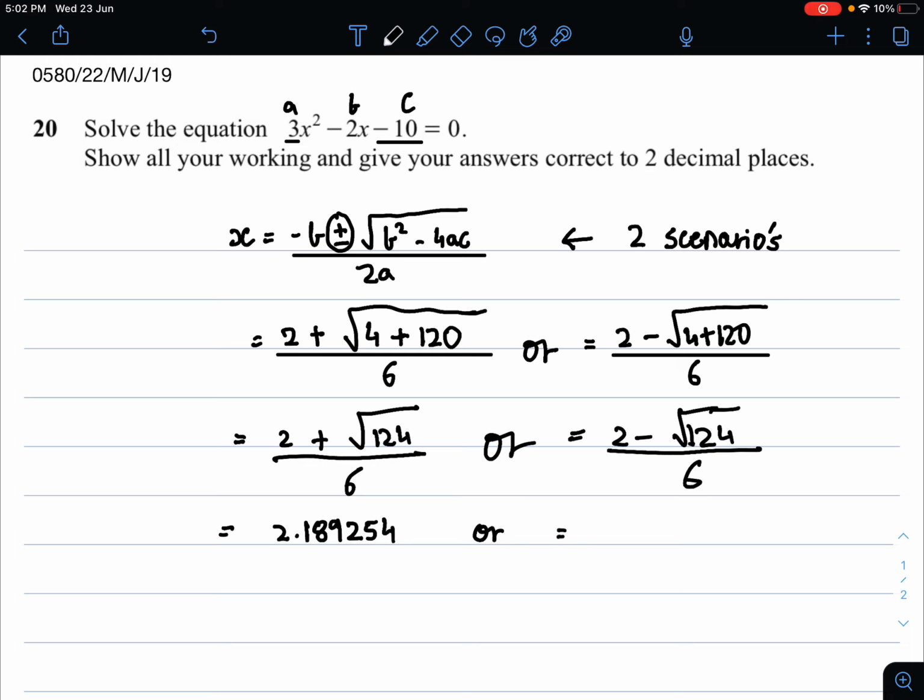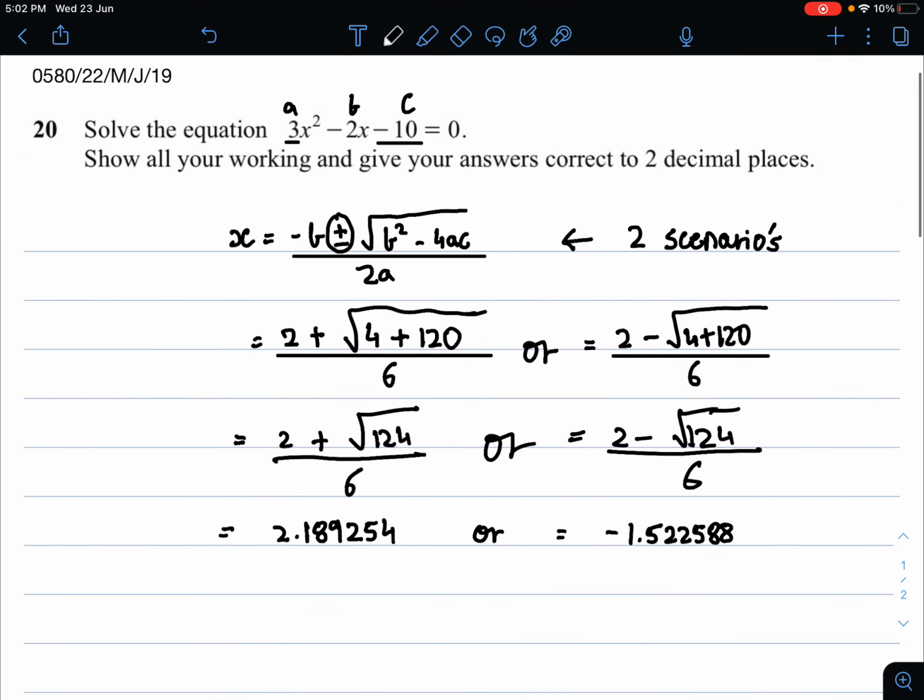Or equals 2 minus root of 124 whole thing divided by 6. So that would be equal to minus 1.522588. Now I would advise you to write as many decimal places in this step as possible.